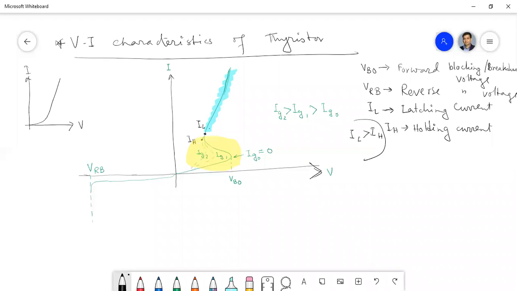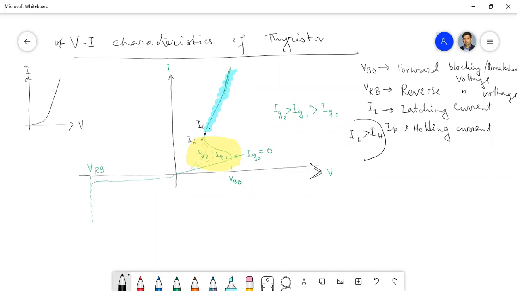Now what is IG0? IG0 is zero gate current. If you don't have any gate current, then what is the voltage required to switch on the thyristor?